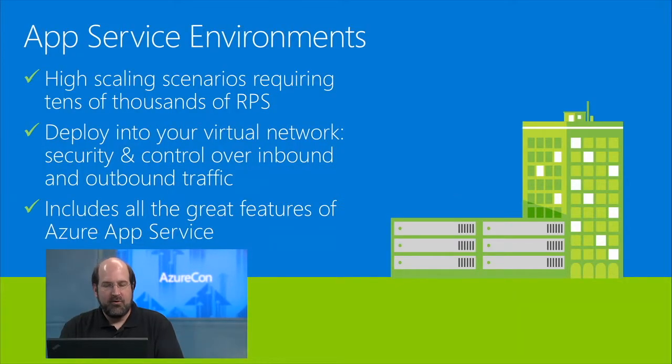And in addition to that, we also support high security options that let you deploy your apps, and specifically your app service environments, directly into your own virtual network. The reason why that's incredibly useful is it gives you a lot more control over both inbound and outbound traffic rules so that you can be very intentional in setting up fine-grained access over how network communications flow.